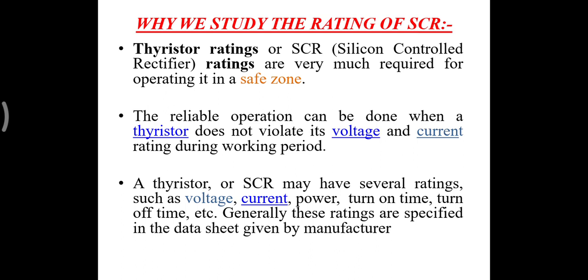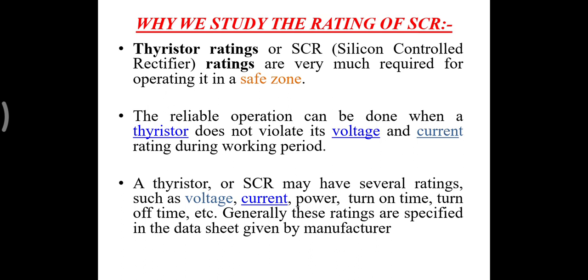Next, reliable operation can be achieved with a properly rated thyristor, as in the example we discussed previously. An SCR may be rated with voltage rating, current rating, power rating, and turn on and turn off ratings, etc. Generally these ratings are specified on the data sheet given by the manufacturers.